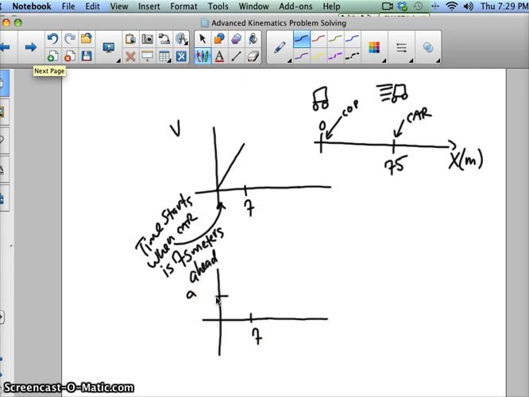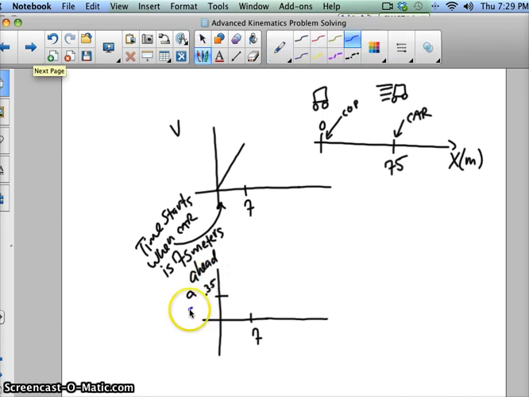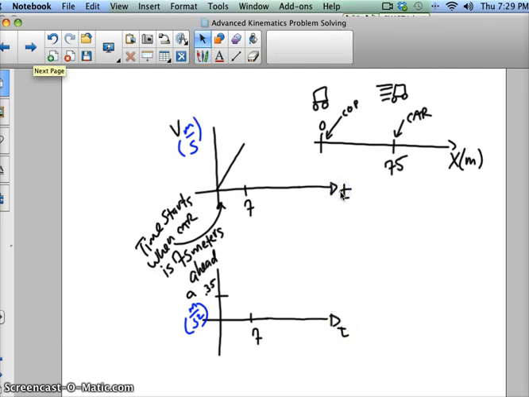I think it says it's 0.35, right? And the acceleration is measured in meters per second squared. Velocity is meters per second. Time is in seconds.